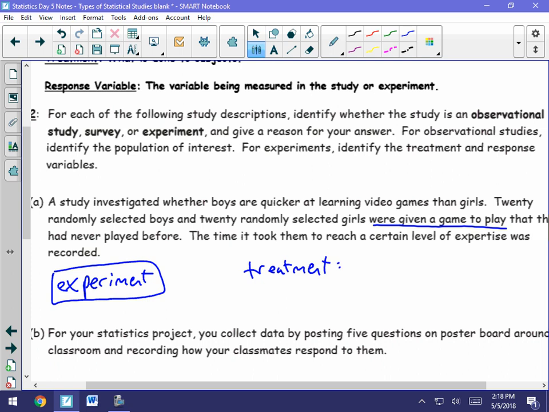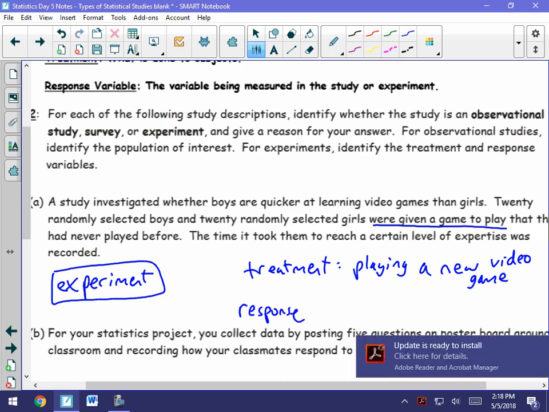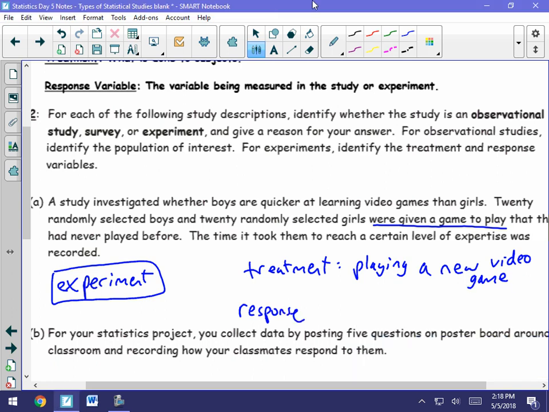So the treatment was playing a new video game. And the response variable is what they were studying: the time it took to reach a certain level.